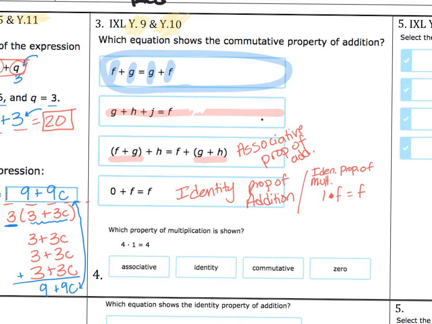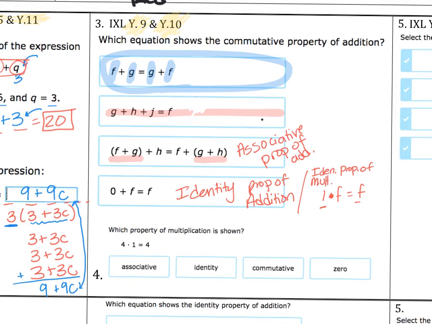And the identity property of multiplication is multiplying that number by 1 will still get you the same thing. So identity is probably the easiest one. Associative is if you have two or more terms and the parentheses are arranged in a different order, but you still get the same answer. Commutative is when you're changing the order, but you still get the same answer. And then you guys know distributive has a number outside of a parentheses. So that's distributive property.